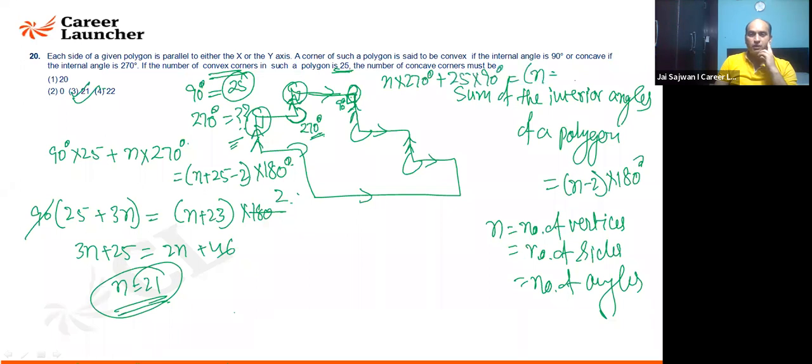The total vertices will be n plus 25, minus 2, into 180 degrees. You remember I told you that n is the number of vertices. So if 25 is already given and you take the other ones as n, the total will not be n now. It will be 25 plus n. Is it fine now, Jobin?